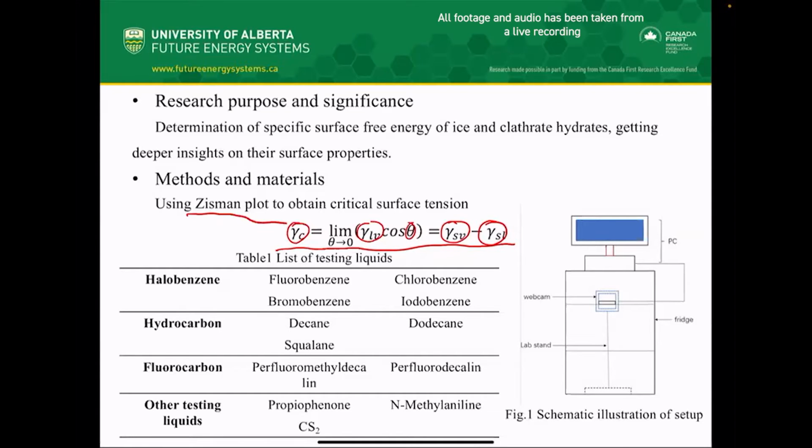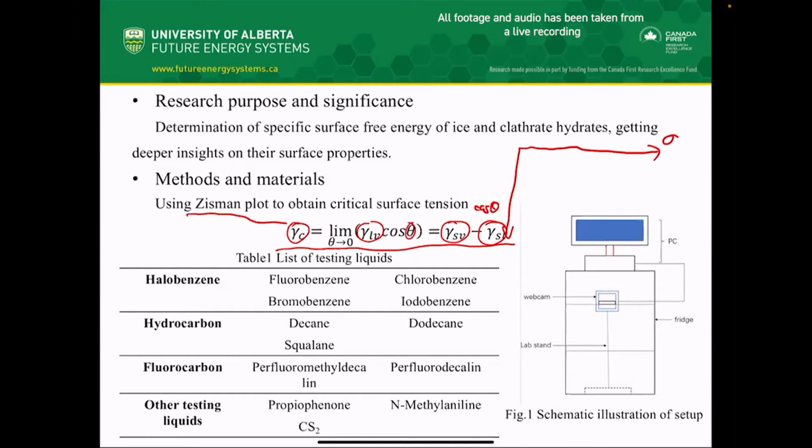But the problem is we cannot find a liquid that exactly spreads on the solid surface. So what we did is that we find several testing liquids, and we establish a Zisman plot. We use surface tension as the horizontal axis and cosine theta as the vertical axis.